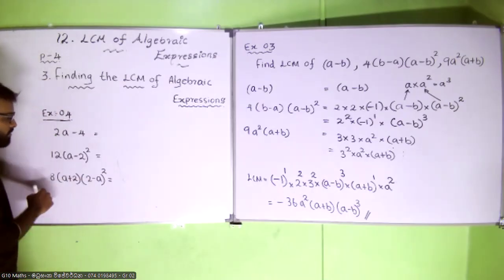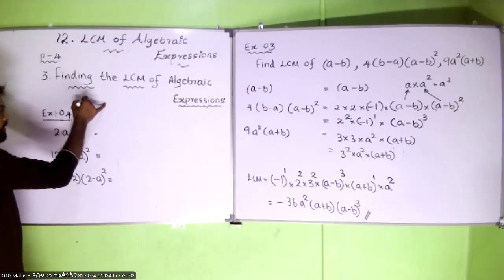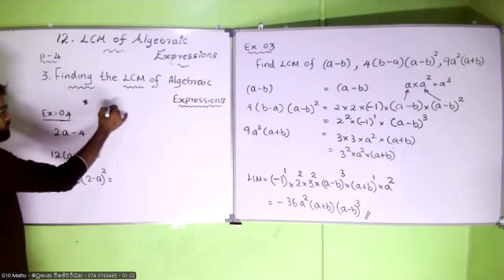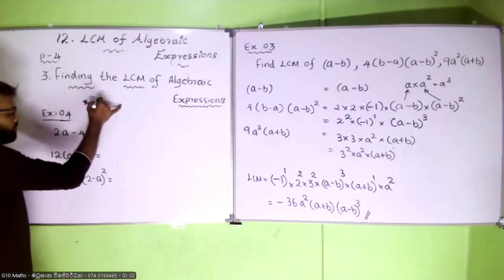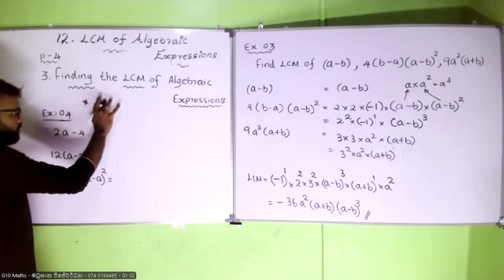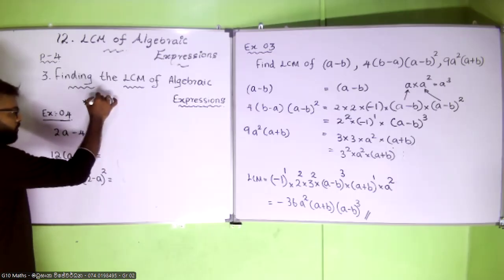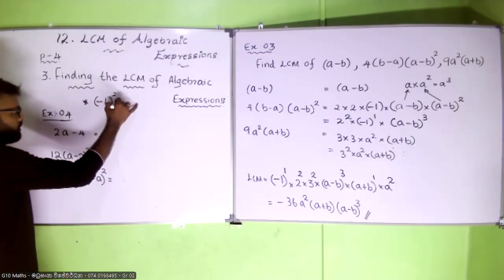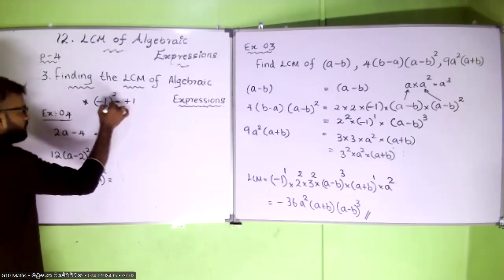So you need to remember how to change the signs, by taking the negative sign out. And you need to remember that negative 1 to the power 2 is equal to positive 1. This is the hint.